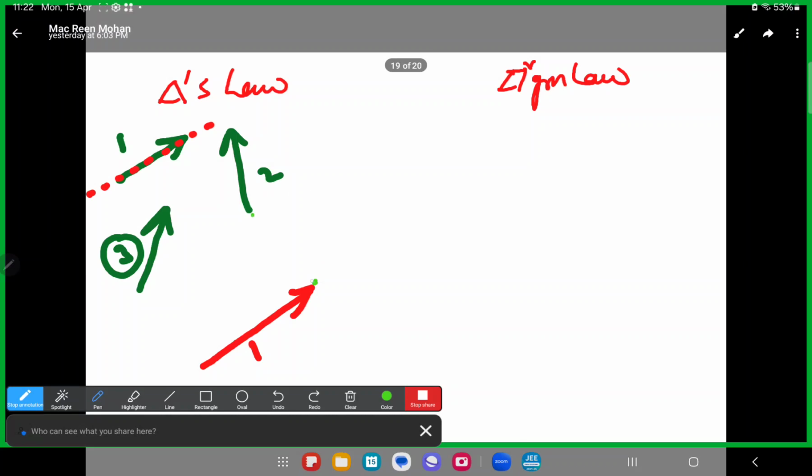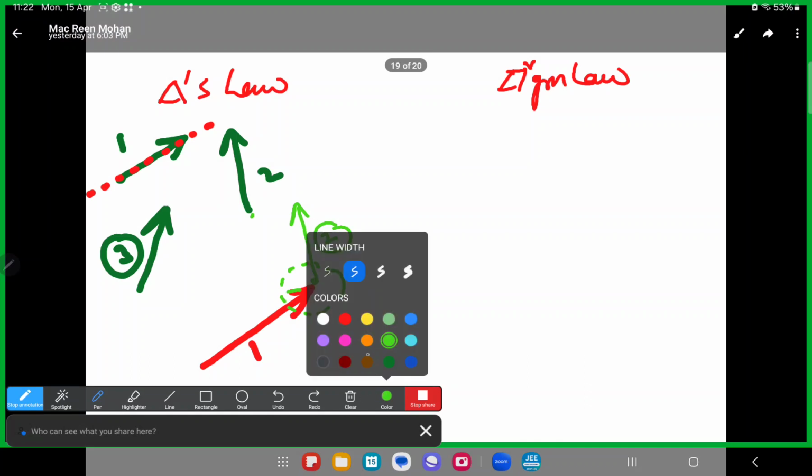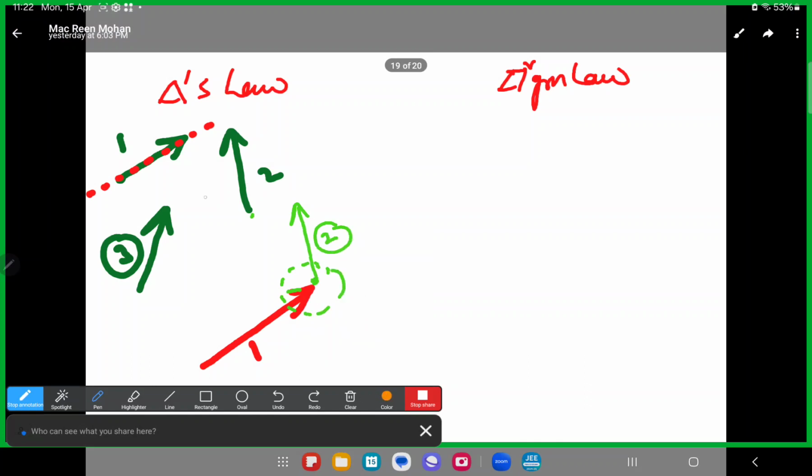This is a tail and this is a head. This is important: the head of the first and the tail of the second will be added in that way. Now the third one is not tail to tail and head to head, that will give you the third vector.